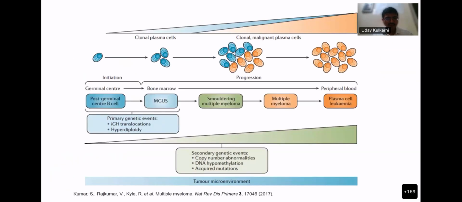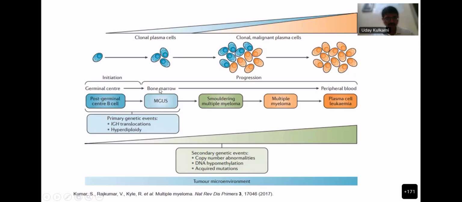Just to recapitulate, all multiple myelomas are a result of progression from a precursor lesion called monoclonal gammopathy of undetermined significance. Pathophysiologically, there are primary genetic events like immunoglobulin heavy chain translocations and hyperdiploidy, which lead to initiation of this process.